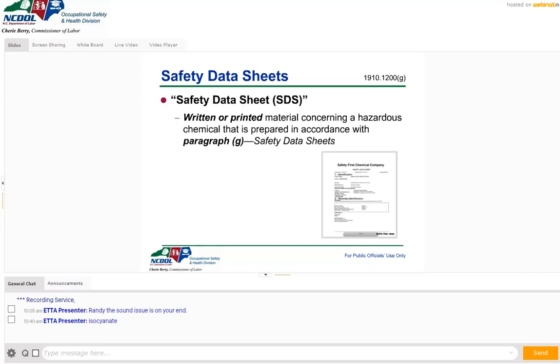What happened is ANSI came up with a 16 section format. So even though there was a requirement for 16 sections, a lot of companies have been using 16 sections for years. So when this new standard came out, a lot of companies were already in line with the new format. About the only thing they did was add pictograms to them, but they had already been using that 16 section format.